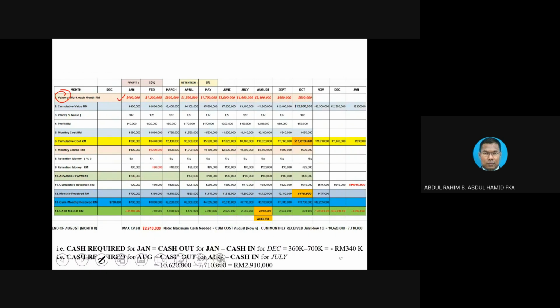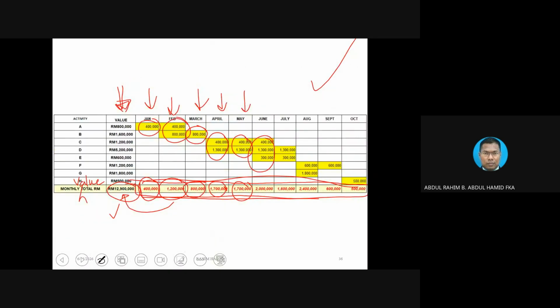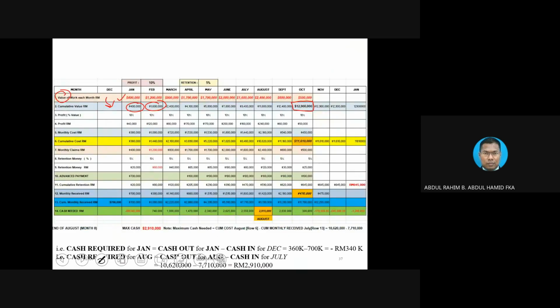Yes, it is simply converting that into cumulative: 400, put it here, and then for February, 400 plus 1.2 million, you will get this amount. And you notice at the end of the cumulative, you get the same amount as we already calculated. So meaning to say, we basically did the correct things because you get the amount there. Okay, so that would be the second row.